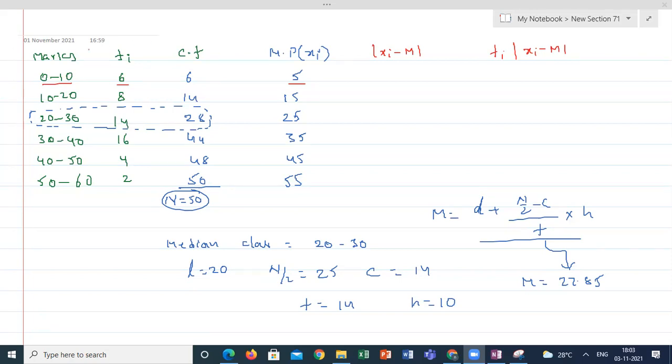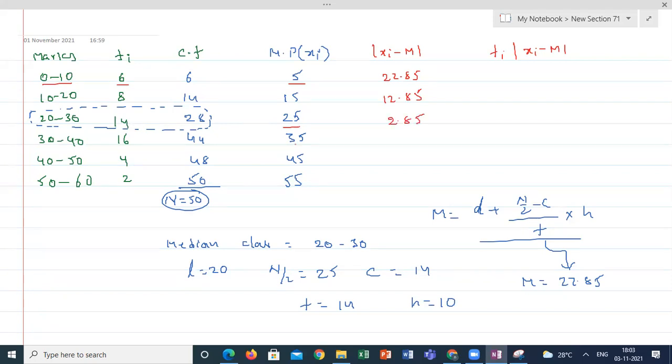So 27.85 minus 5, how much? 22.85 only. Now 27.85 minus 15, so 5 plus 7.85, so 12.85 this is. Here it is 25, 25 means 2.85.